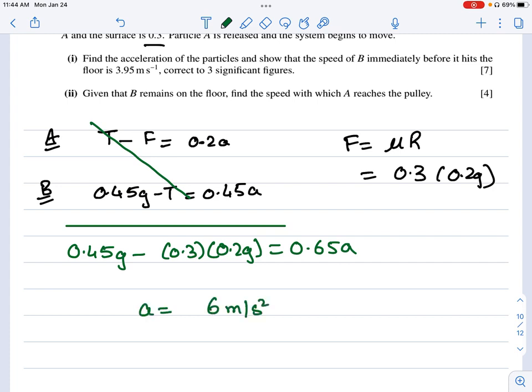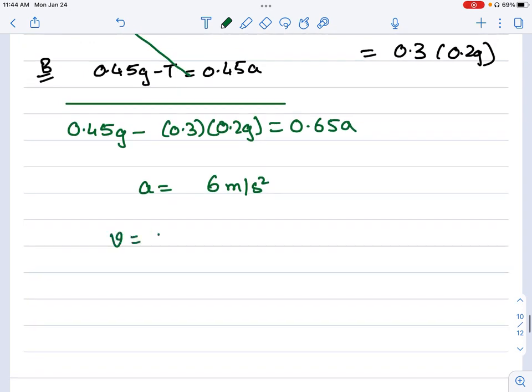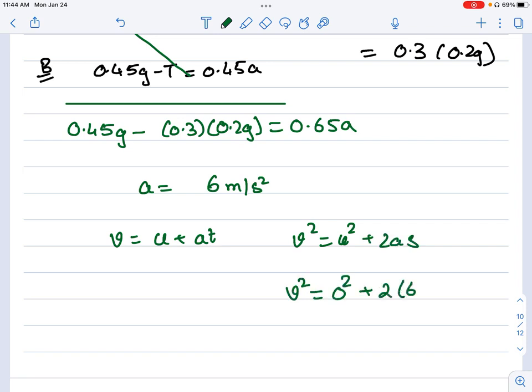Now once I get the acceleration, find the speed of B immediately before it hits the ground. So v is equal to u plus at, or v squared is equal to u squared plus 2as. So v squared is equal to 0 squared plus 2 times a, which is 6, and the distance.